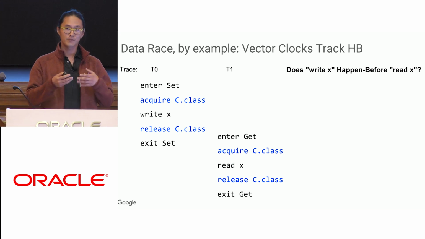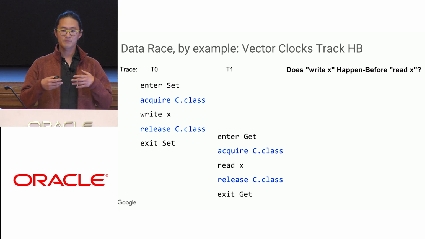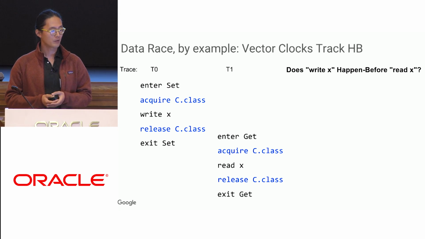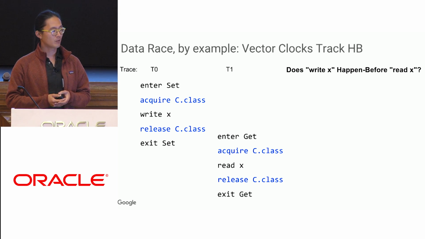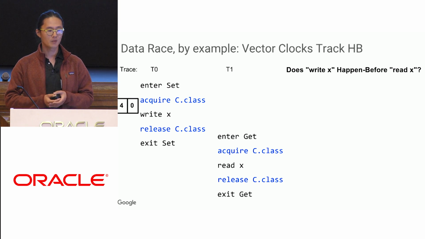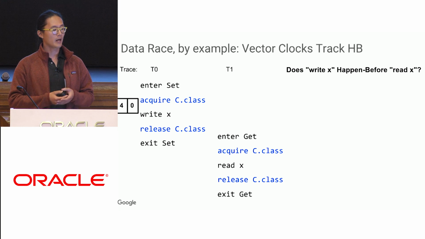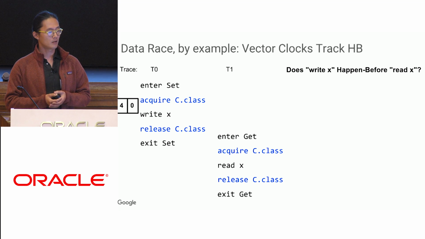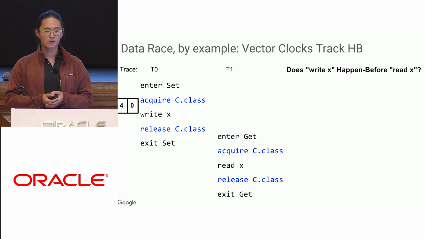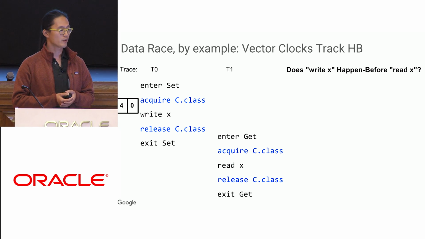So instead of going through the algorithm as per definition, I'll just walk you through an example. Let's say, by way of example, T0 happens to have a vector clock, 4, 0, at the time after the acquire of that lock. The way to interpret this is the indices in that vector clock are for each thread in the system.